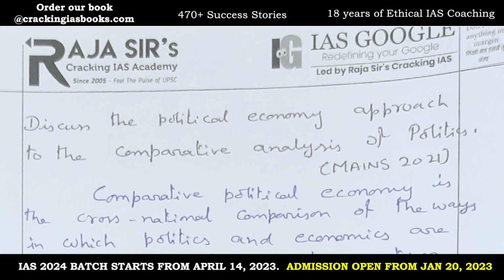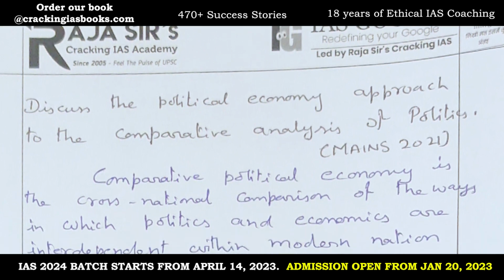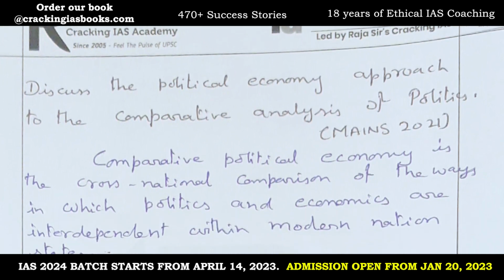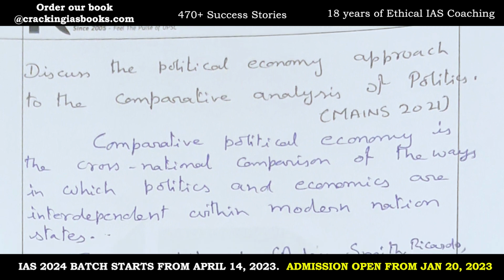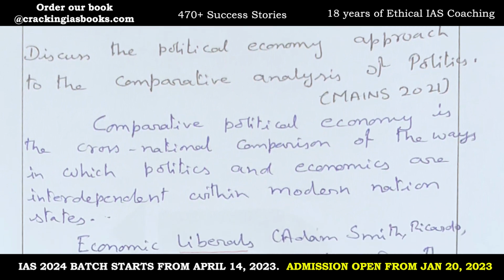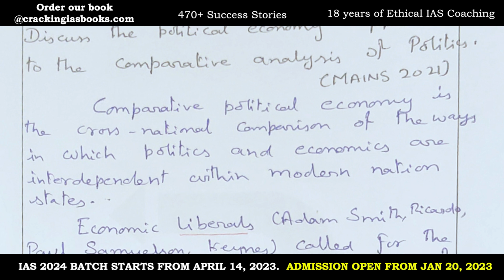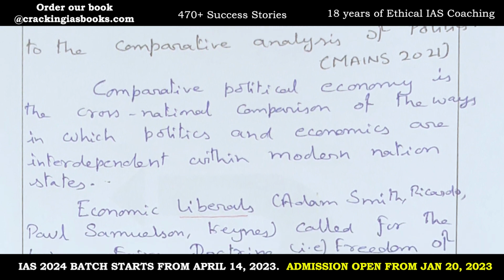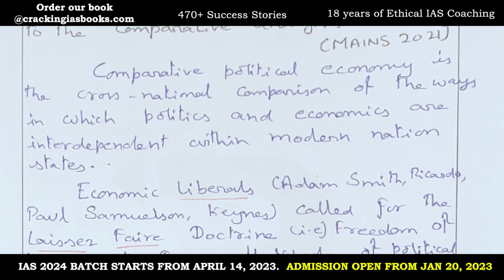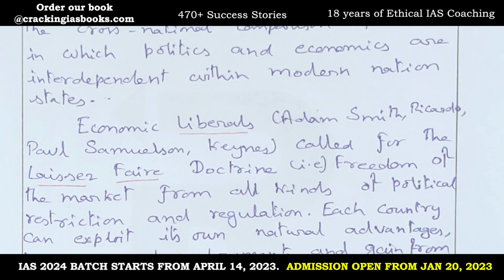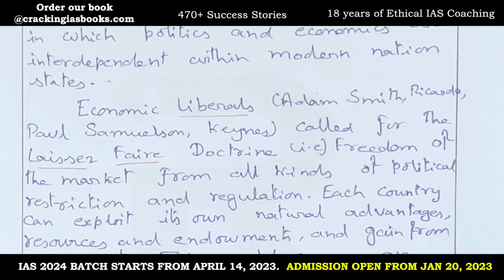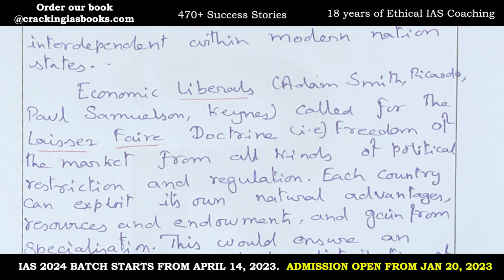See the first passage, the first paragraph, I am just going to define: comparative political economy is the cross-national comparison of the ways in which politics and economics are interdependent within modern nation states. Now the second paragraph, economic liberals.